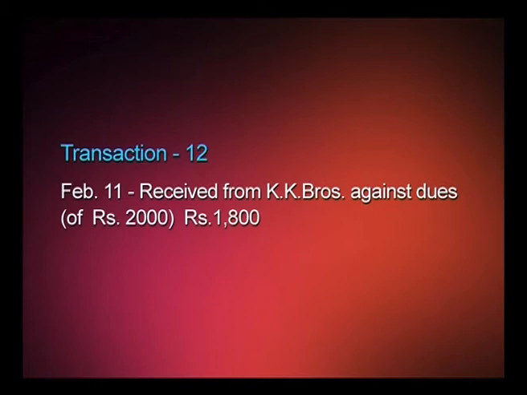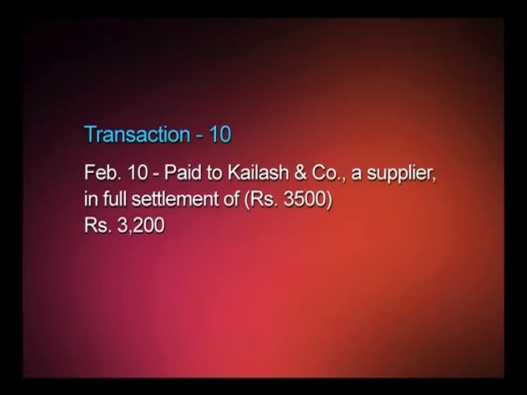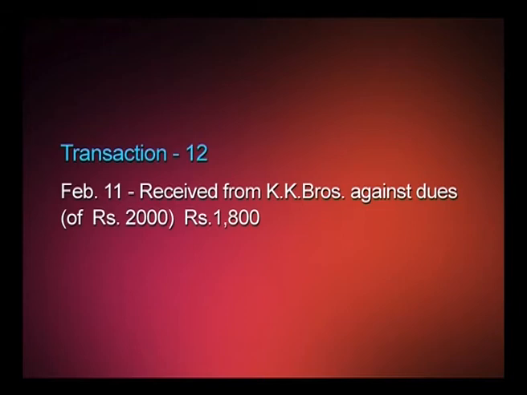Last transaction says you have received from K.K. Brothers against dues of rupees 2,000, 1,800 rupees. Now, note the difference between the transaction of February 10 and this transaction. February 10 mentioned in full settlement, while this transaction is just saying that you have received 1,800 against 2,000.